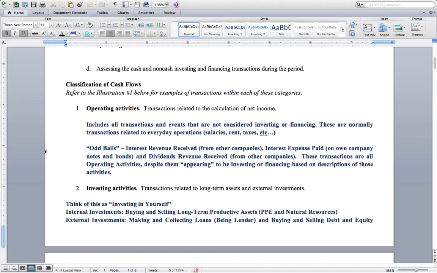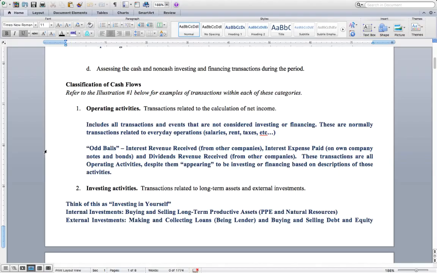And we will touch base on the difference between those two as we go throughout this chapter. And then another one is showing you under the indirect method the additions and the deductions from net income that the company will show to get to net cash flow from operating activities. To illustrate numbers, illustration 1 and 2 are very important.